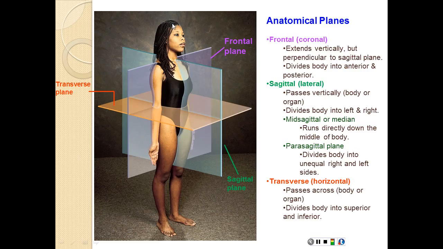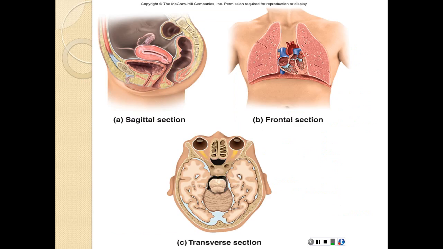But then sometimes you have it off to the side, either on the left or right side, basically from the shoulder to the side of her face, coming all the way down, but still separating into the left and right. That would be a parasagittal plane. So it's dividing the body into unequal left and right sides.